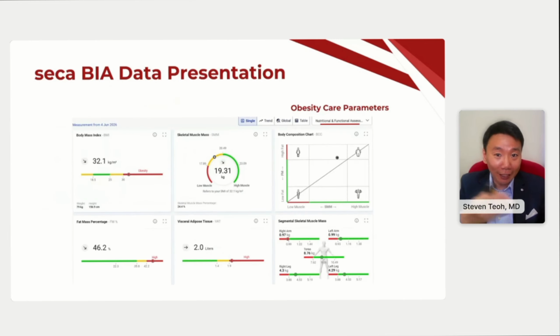Thankfully, the machine does that. And I like to use the nutritional and functional assessment option over the right upper corner there, which I call the obesity care parameters, because it includes the BMI, VAT, fat mass percentage, and muscle mass. I just don't want to overwhelm the patient with all the parameters available in the system.